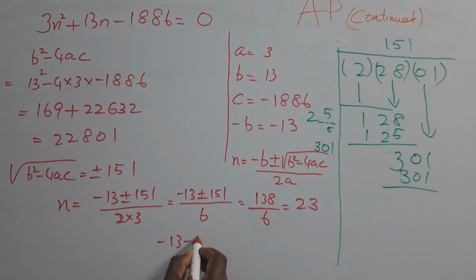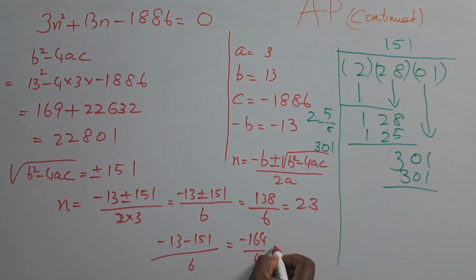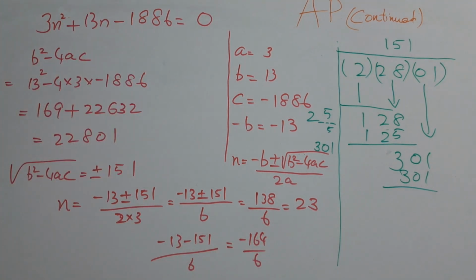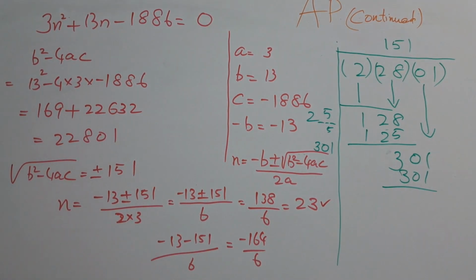Minus 13 minus 151 by 6 is equal to minus 164 by 6, which is a negative number, which cannot be the number of terms of a sequence. Therefore, this negative value is not considered. We consider this one. That means the first 23 terms of the arithmetic sequence make a sum of 943. So the answer is 23.